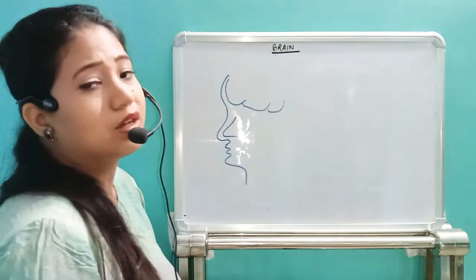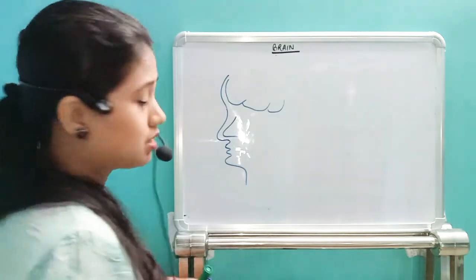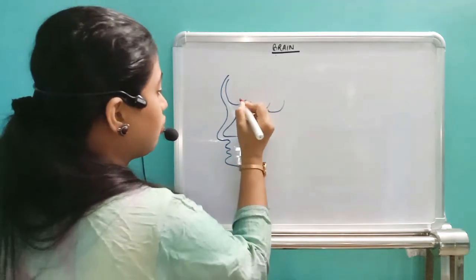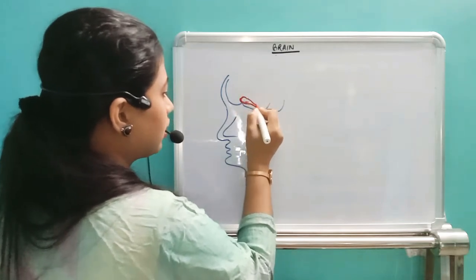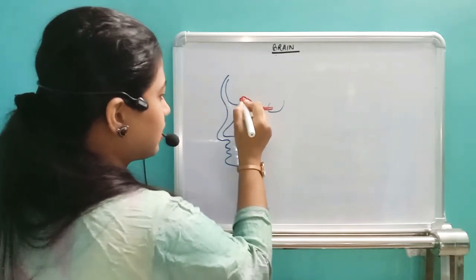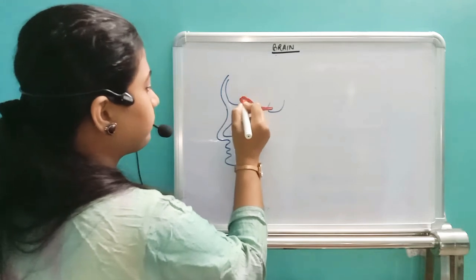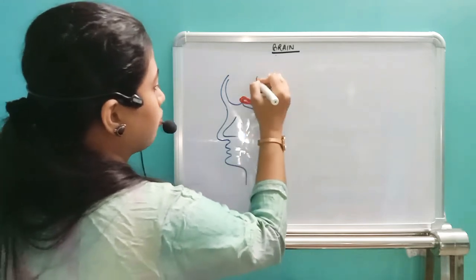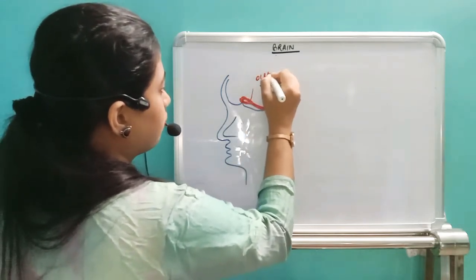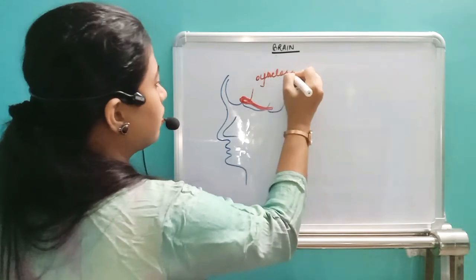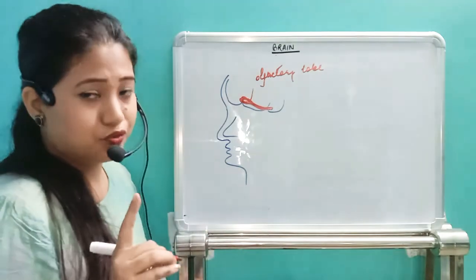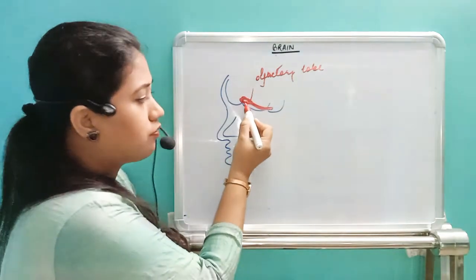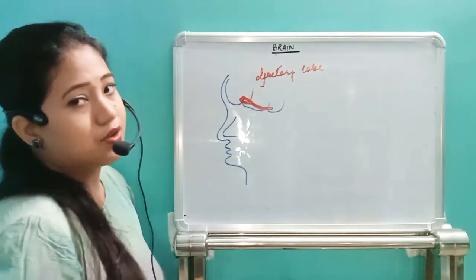Now there is another lobe present. What is that? That is the olfactory lobe. So here we are going to have a very small spoon-like or club-like lobe present. What is that? This will be the olfactory lobe. This olfactory lobe is going to have two parts. So what are the two parts? One is the olfactory bulb and then the olfactory tract.